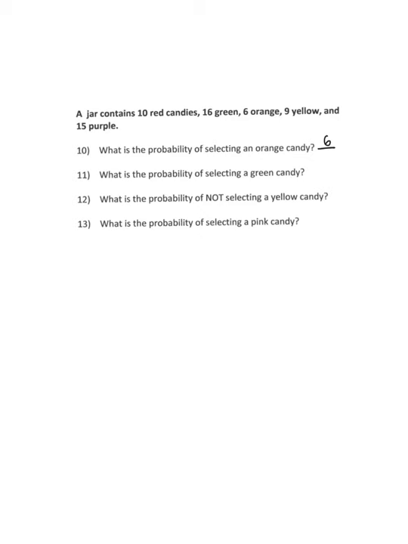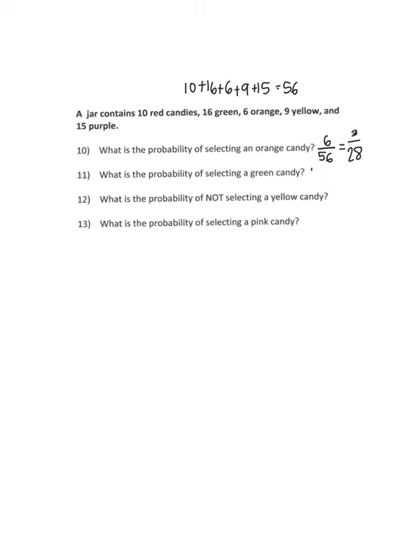So that would be 10 plus 16 plus 6 plus 9 plus 15, which gives me 56 total candies. And then I can simplify that fraction further to 3/28.